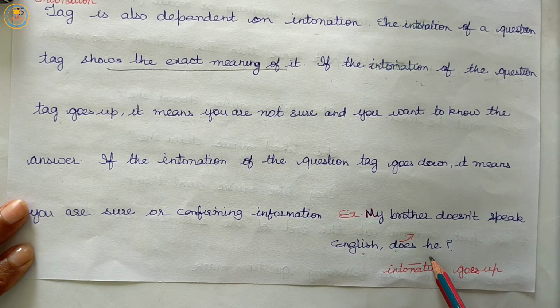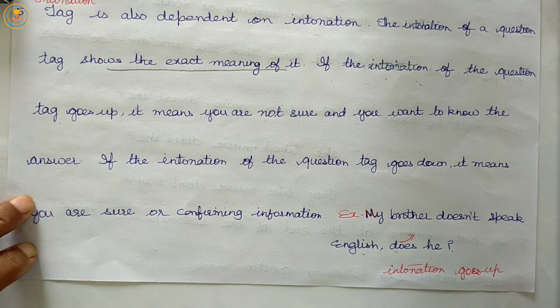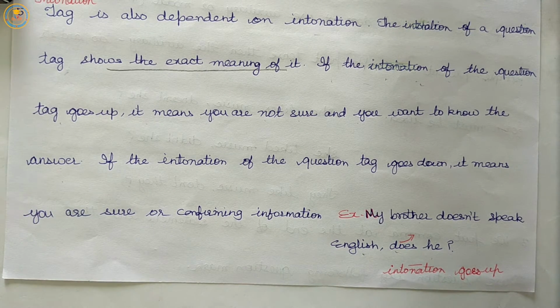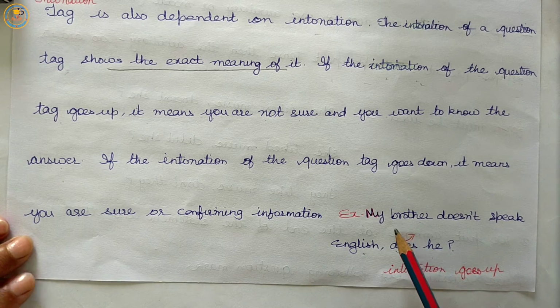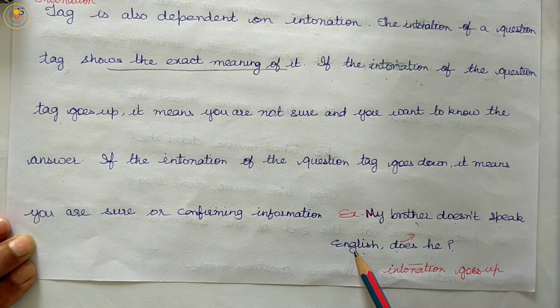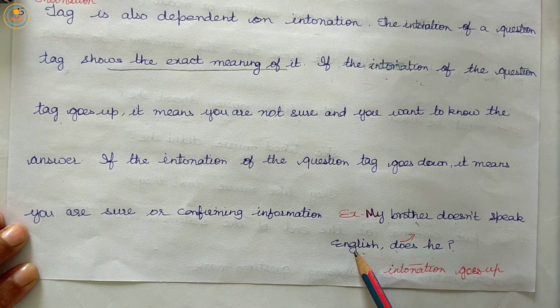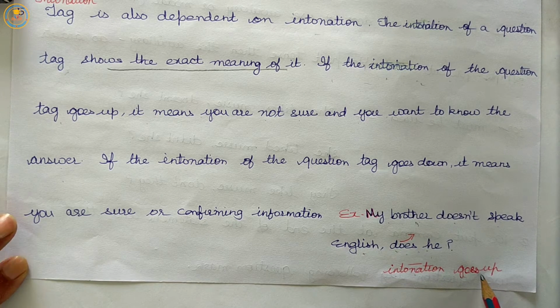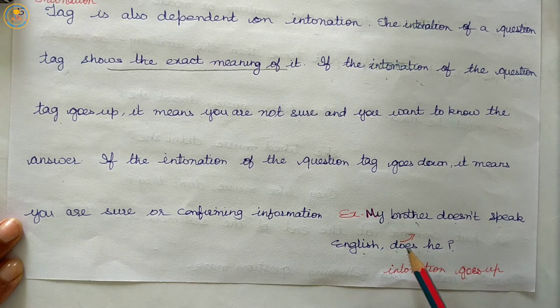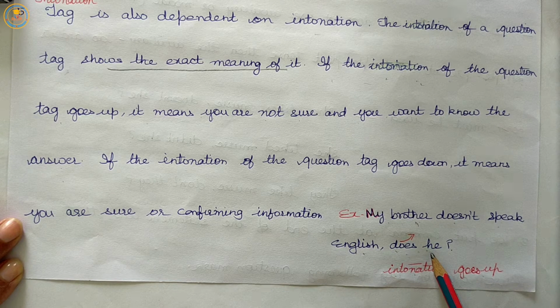Does he? Here we are expressing our intonation in the sense of surprise. Does he? Because my brother doesn't speak English, this is a strange thing. And here our intonation goes up on does he. So if the intonation of the tag question goes up, it means you are not sure and you want to know the answer.